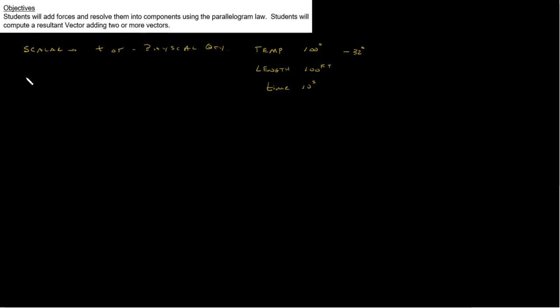Now a vector, well, this has magnitude and direction. So if we drew a quick little axis here, and we have a vector that we're going to draw, let's draw like so. And we can say, all right, we'll call this a unit.